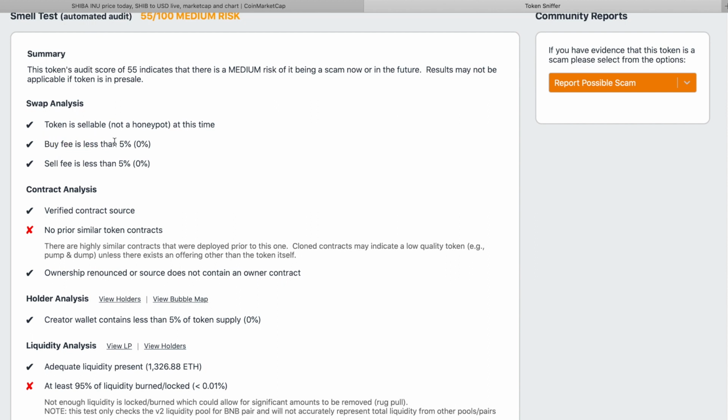All this is very, very good to know about, because for example, a lot of scam coins will say, oh, buy tax 10%, buy tax 15%, and then you have to ask yourself, okay, I'm now buying this coin, but I'm already losing 10 or 15% of all my investment as I buy.